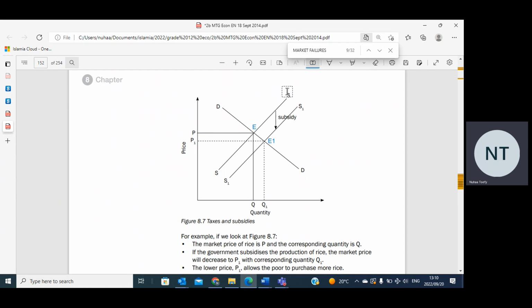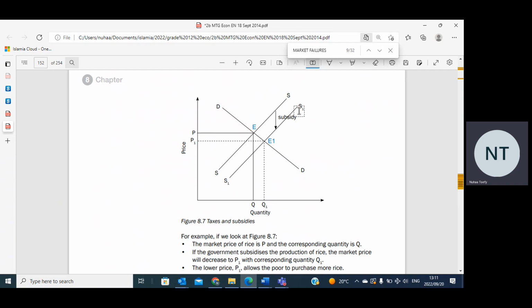The government provides a subsidy, right? As soon as the government provides a subsidy, well, I hope you guys remember what a subsidy is. It's an amount of money given by the government to producers. You can get a consumer subsidy as well. So they give it to schools so that the parents don't have to pay school fees.